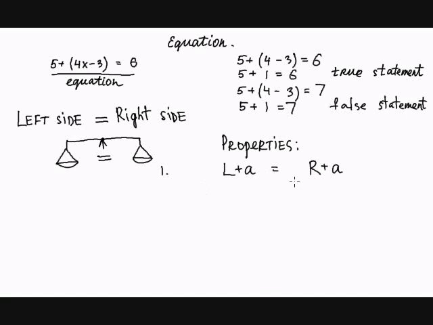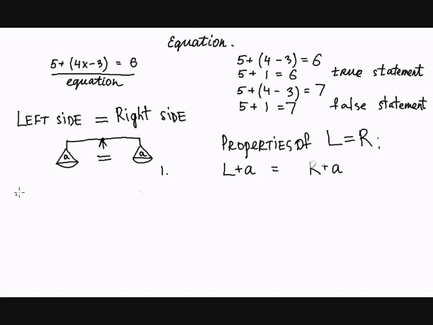To make sense out of this property, let's go back to our scale. If you add something to the left side of the scale, in order to keep the balance, you have to add the same thing to the right side. This property of the equation is called the addition property.